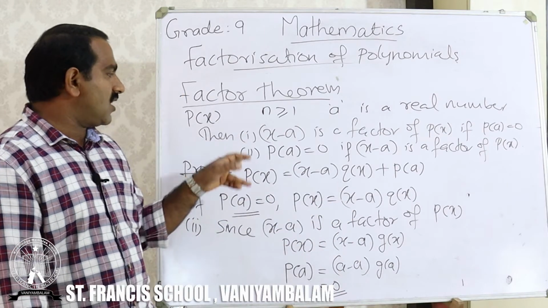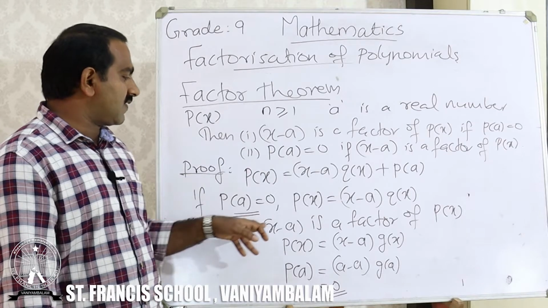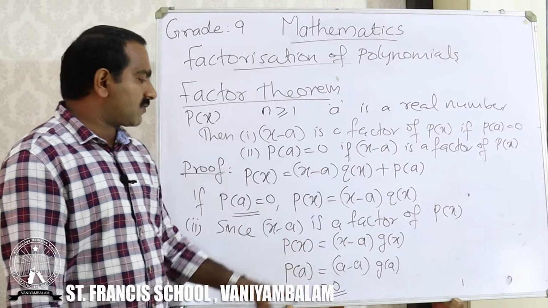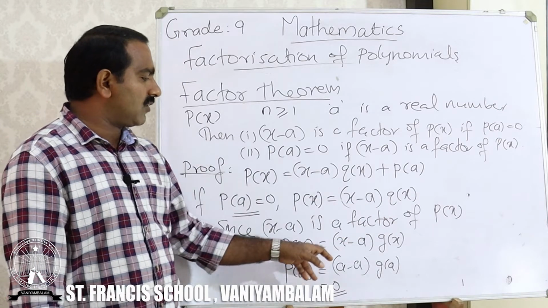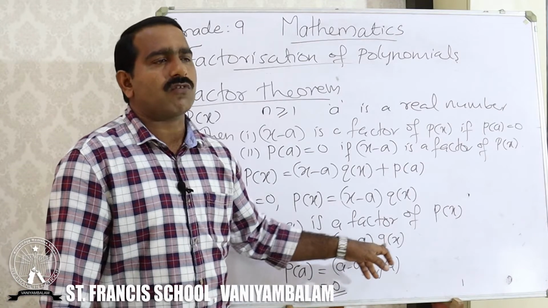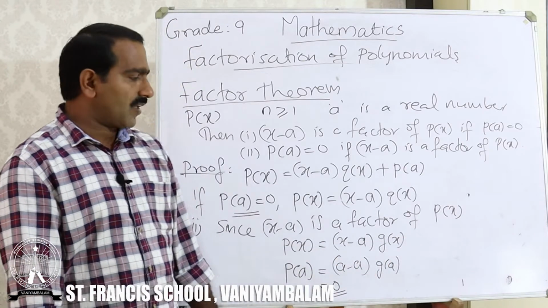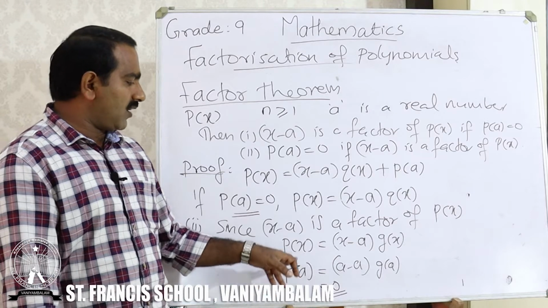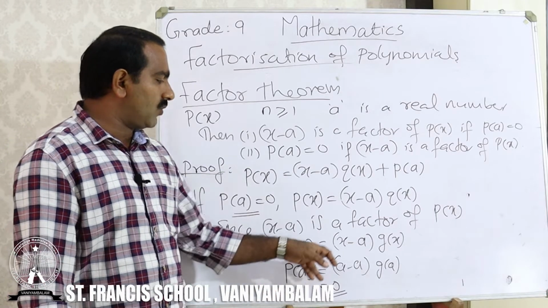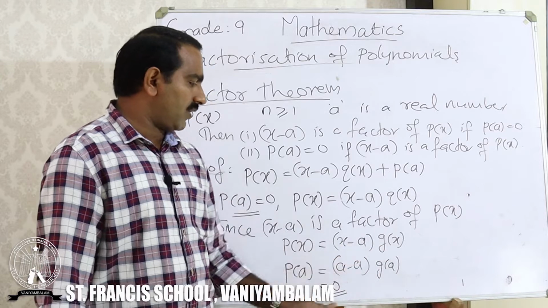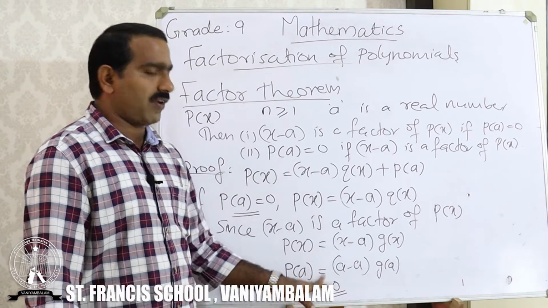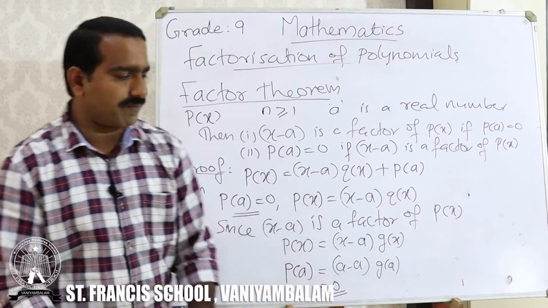That is the first. Then the second one: since x minus a is a factor, P of x equals x minus a into g of x for some polynomial g of x. Now put x equal to a: P of a equals a minus a into g of a, and a minus a equals 0, so P of a equals 0. So this is the theorem.